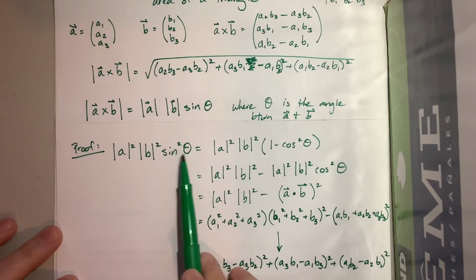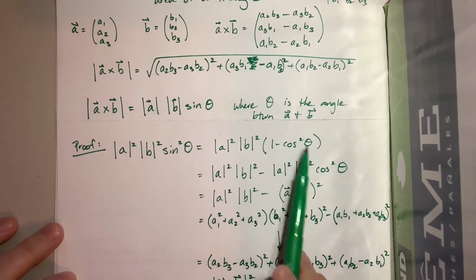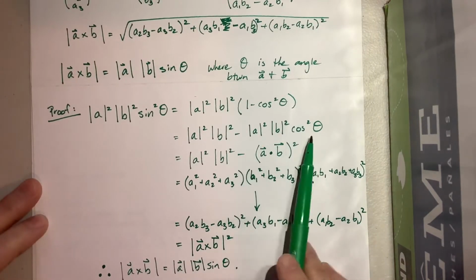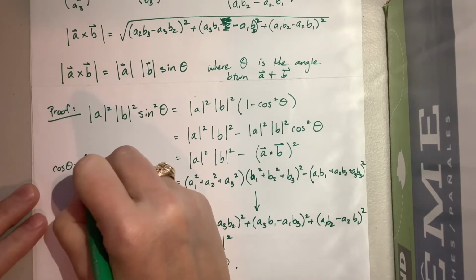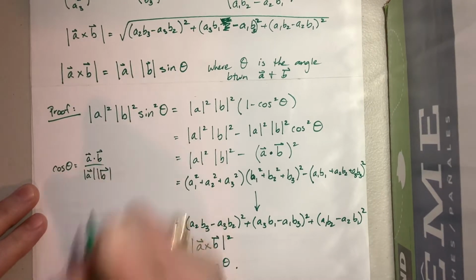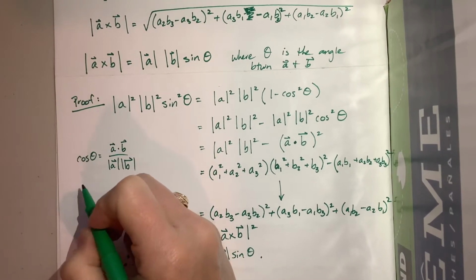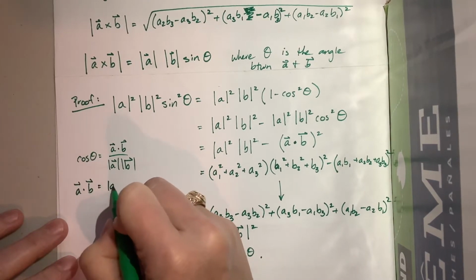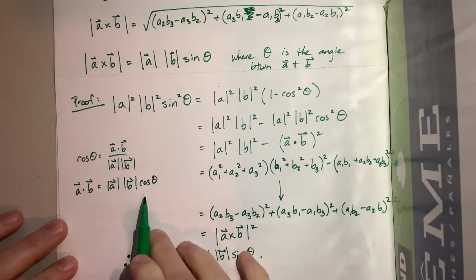And then we know from our Pythagorean identity that sine squared is equal to 1 minus cosine squared. So we plug that in, we distribute through, and then this right here, you'll remember cosine of theta is equal to the dot product divided by the magnitude of A times the magnitude of B. And so therefore we can say that A dot B is equal to the magnitude of A times the magnitude of B times cosine of theta.